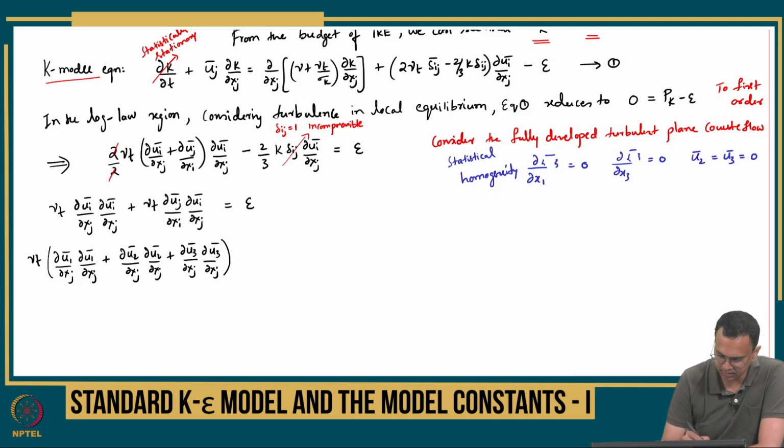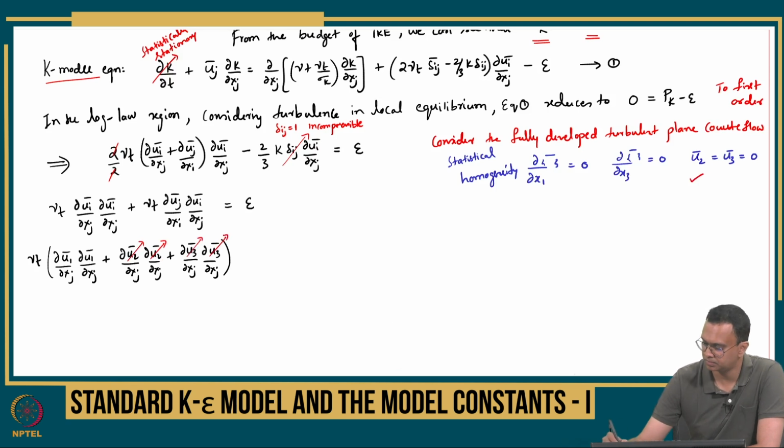I can readily see that these terms are gone because u2 bar is 0 in such a flow and u3 bar is 0. I am considering a very specific flow problem and a local zone there also. So I have only one particular term on the left hand side remaining.